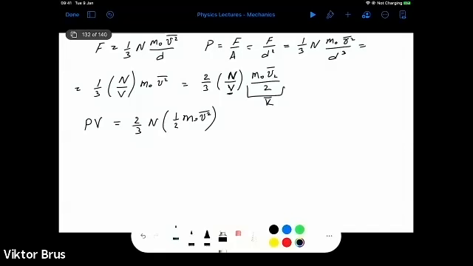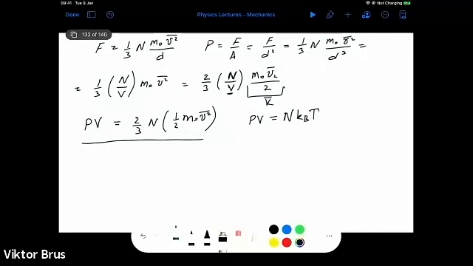So now we need to compare this equation, which we got from the kinetic theory of ideal gas, with the state equation of the ideal gas, which was obtained experimentally. We were talking about this before. So the state equation of ideal gas is PV equal to N kB times T. So kB is the Boltzmann constant.